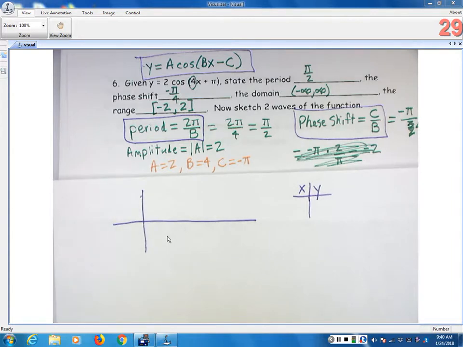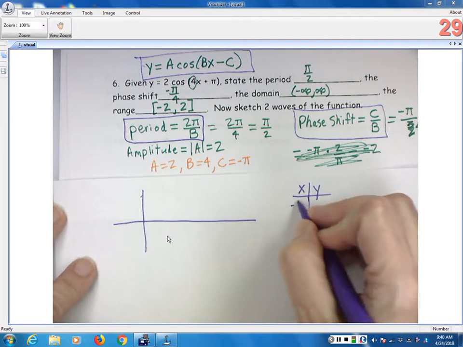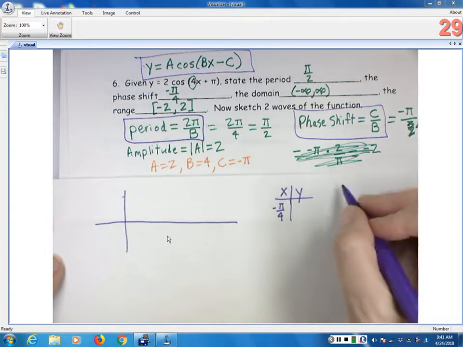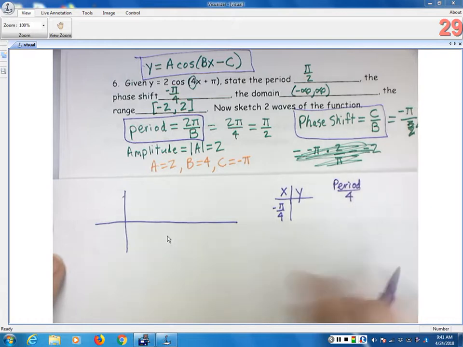We're going to start with the phase shift, negative pi over 4. And then these are the 5 key points. Then I'm going to add the period divided by 4, so I've got to figure out the period. This is going to help me draw it. You start with your phase shift, since it's not 0.